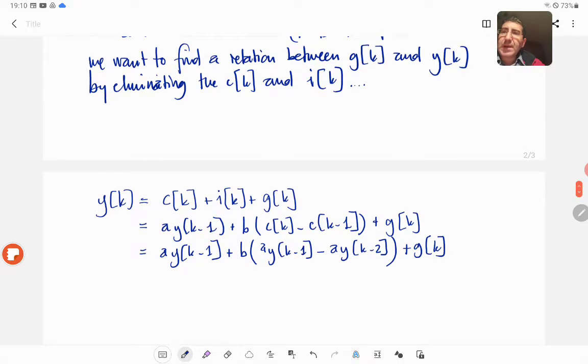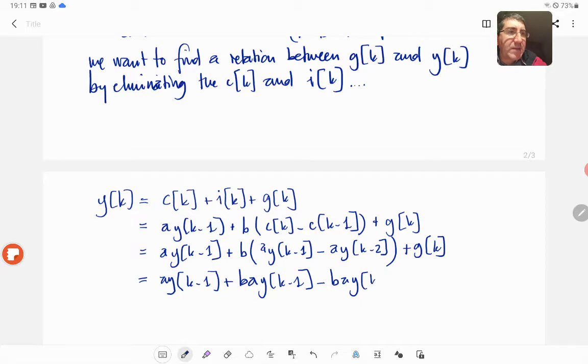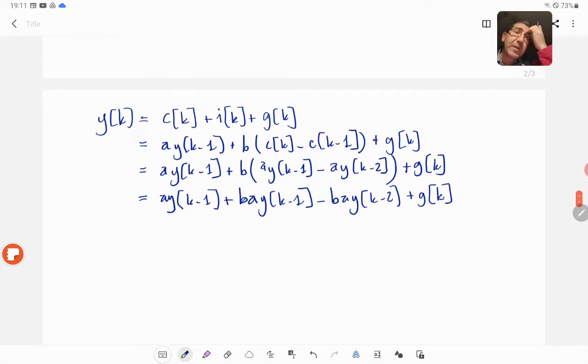Okay, so let's rearrange. We can expand this, and I will have a y k minus 1 plus ba yk minus 1 minus ba yk minus 2 plus g of k. Okay, let's regroup.